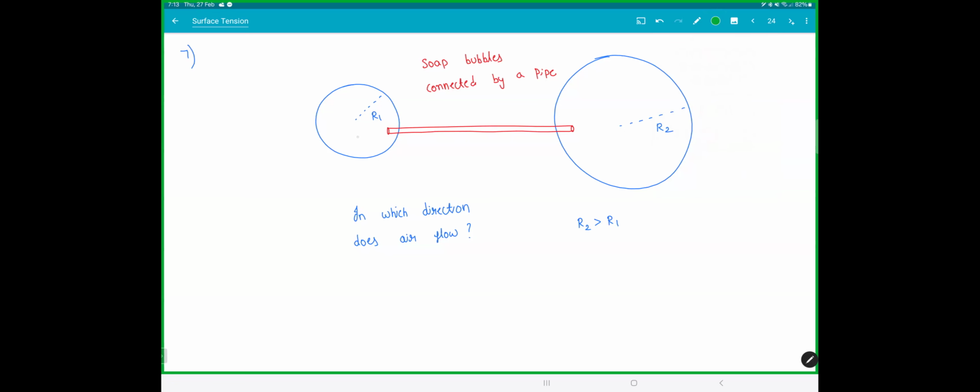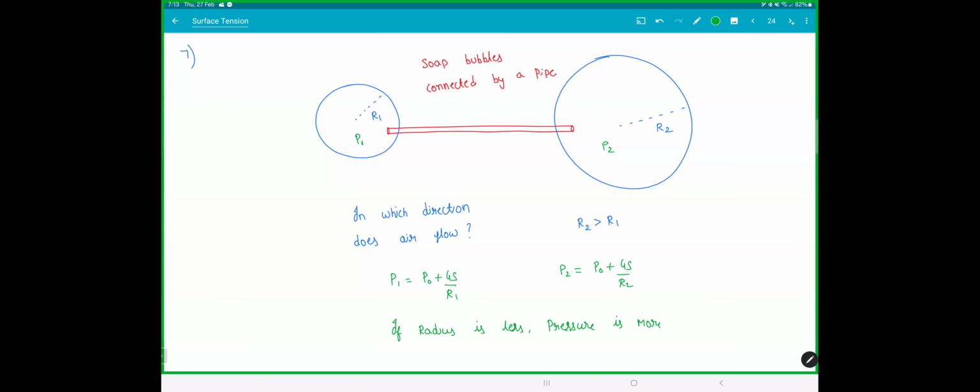Now see, if you take the pressure here as P1, here the pressure is P2, P1 is P0 plus 4S by R1, P2 is P0 plus 4S by R2. You will notice here, if radius is more, pressure is less. So the smaller bubble whose radius is less, pressure is more. So smaller bubbles have higher pressure than bigger bubbles.